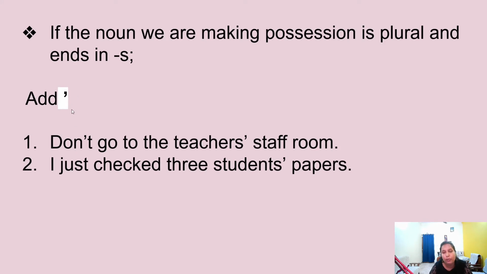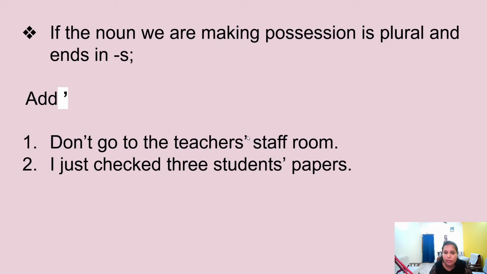So where should we use the apostrophe to show the belonging? Let us see the example and understand. The example is, don't go to the teachers' staff room. Can you see here, this teachers is a plural word. That means we want to say that this staff room belongs to the teachers.